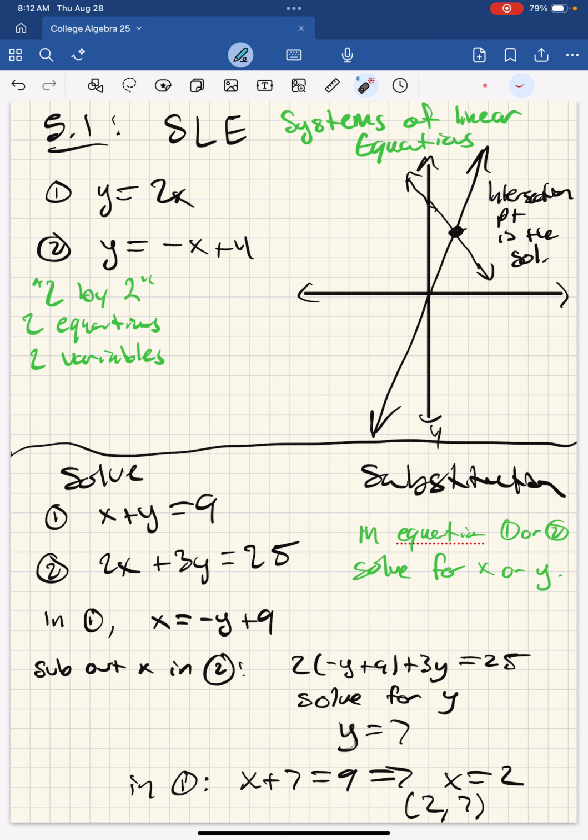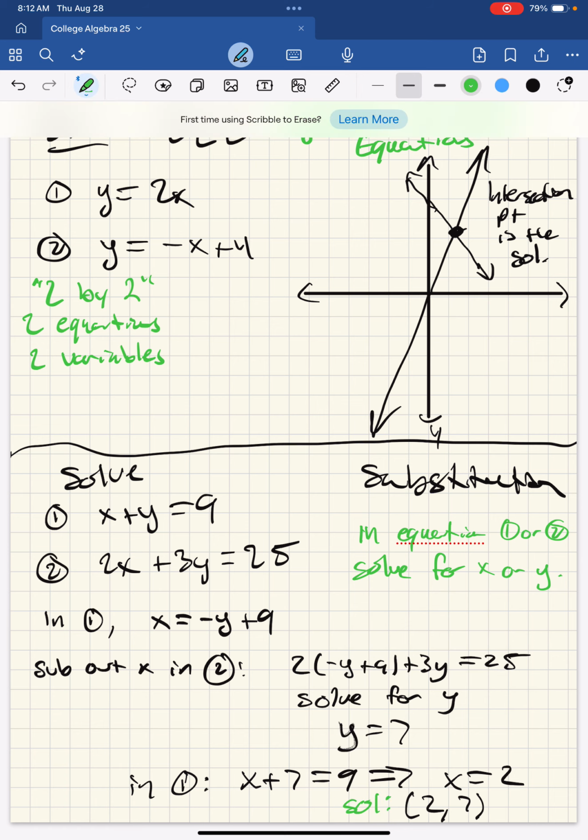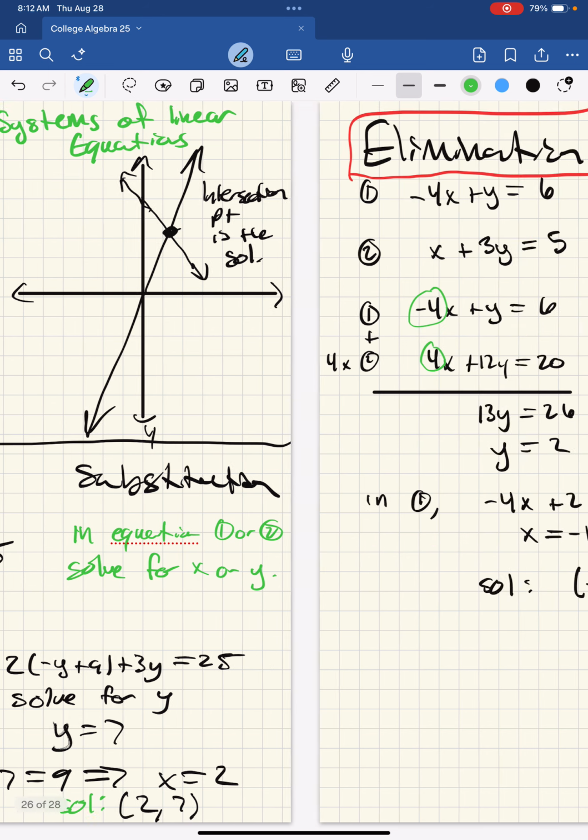So again, pick the path of least arithmetic. I substituted 7 for y in equation 1, which gives me x equals 2. Now remember that the solution set is an ordered pair, so it does need to be written as (2, 7).